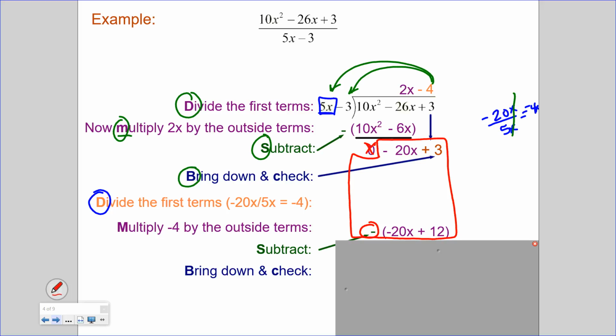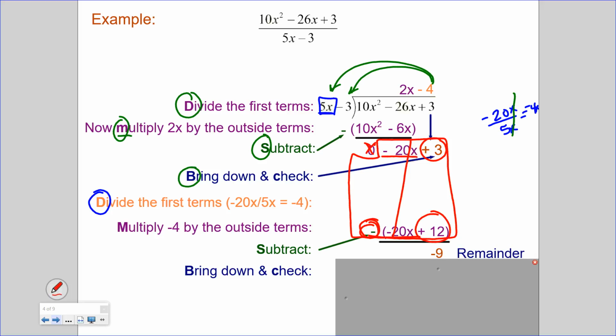So we have negative 20x minus a negative 20x. Negative 20 minus the negative is really plus, so negative 20x plus 20x is 0. These subtract out to be 0, which is what we were looking for. Then we do 3 minus 12 to get negative 9.